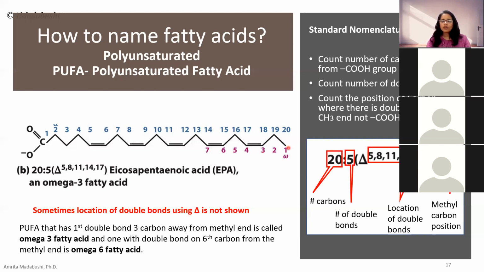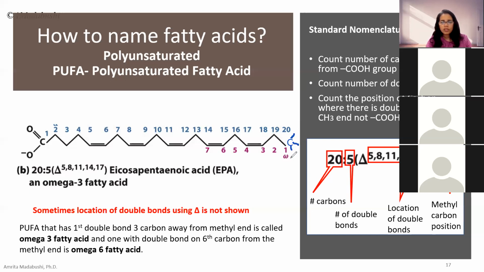They mean this kind of nomenclature in which you are counting from the methyl position. Now you'll say, what is methyl? If I could remind you, this is a C here in the end. And then the C is attached to 3 hydrogens, right? So I'm just going to draw it briefly by saying there is a H here, there is a H here, and there is a H here.